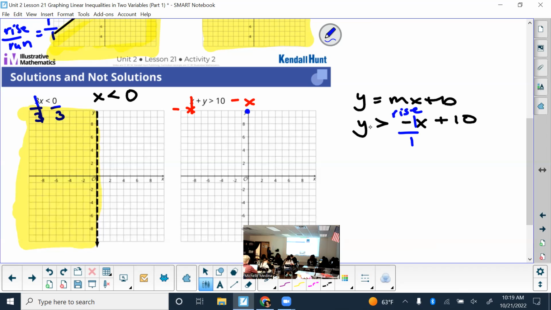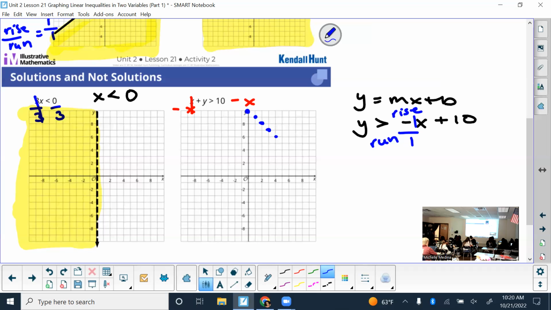Does that mean I go up or down? Down 1. And then if my run is 1, I go to the right 1. Down 1 to the right 1. Down 1 to the right 1. Good. Solid or dashed?